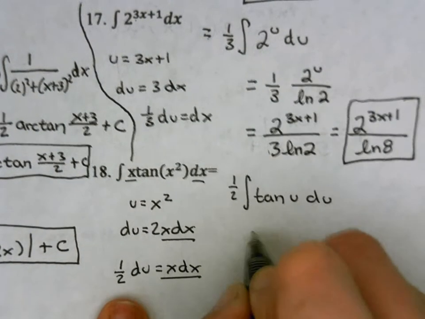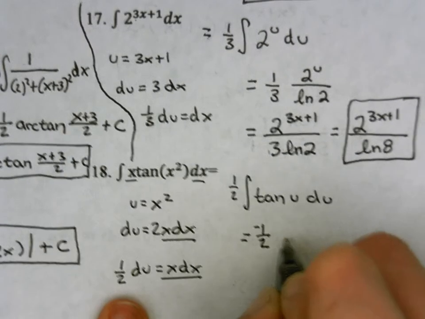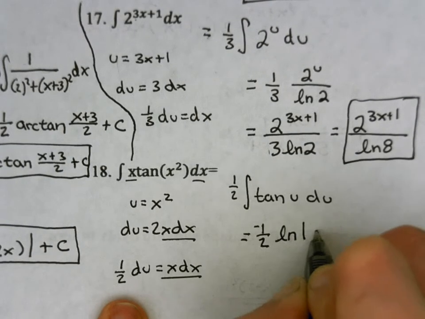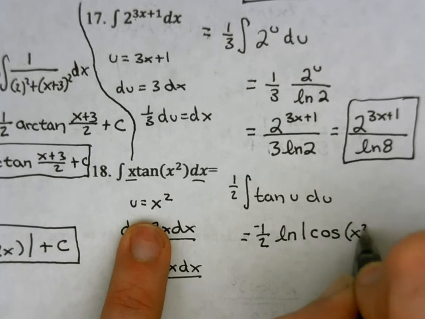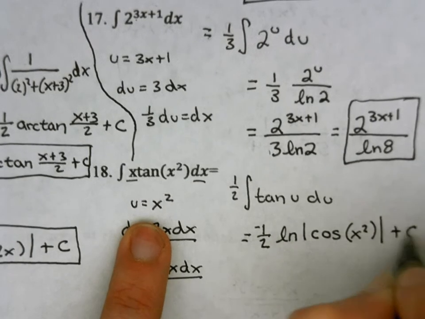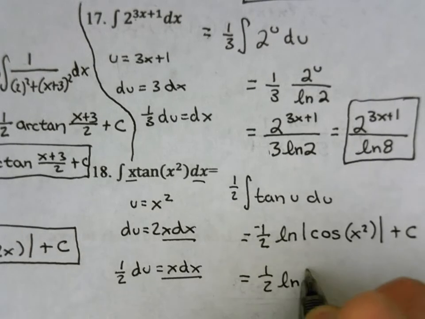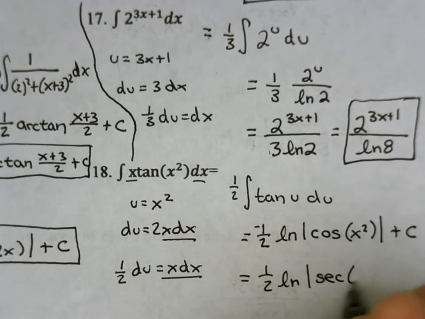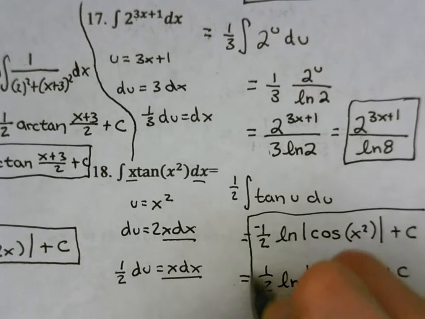And the integral of tangent u is negative natural log of the absolute value of cosine u plus c, or the other one would be the natural log secant x squared plus c.